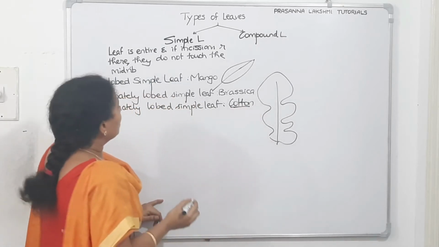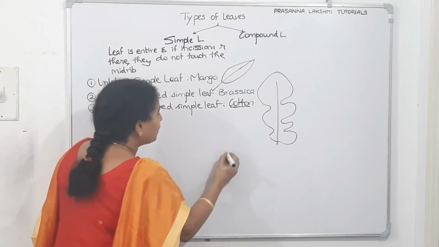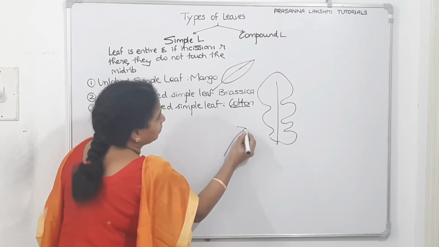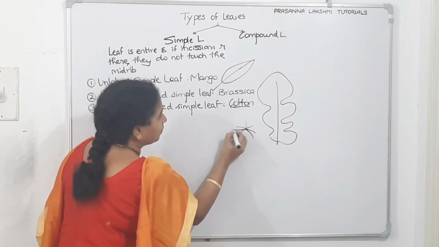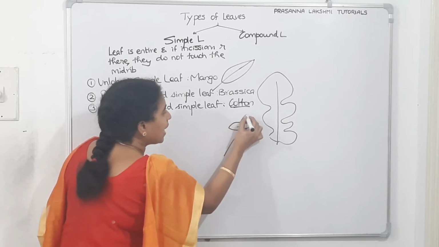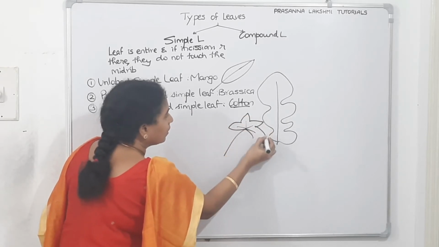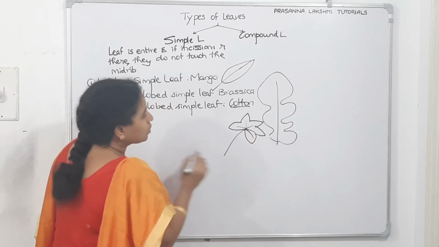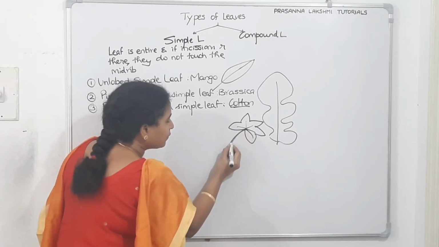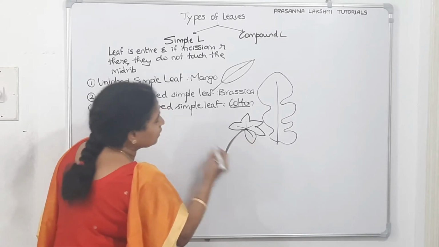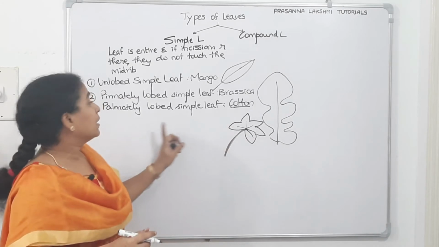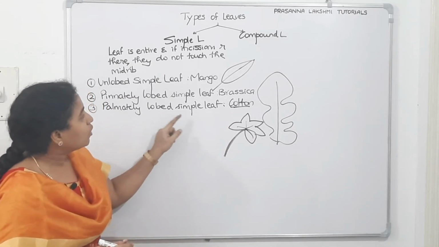Now, what do you mean by palmately lobed simple leaf? Here at the tip itself, incisions are there, but the incisions are not touching the midrib. So, at the tip itself, if the leaf is there and there are incisions, the incisions are not touching the midrib, then it is called as palmately lobed simple leaf.